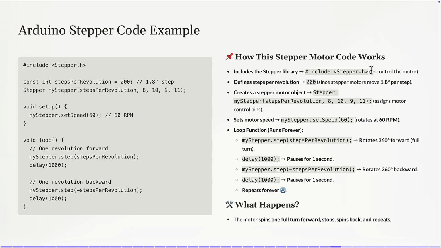We initialize the stepper object and set the speed to 60, which means 60 rotations per minute. You can assign different speeds depending on how you would like to control it. This is 1 revolution forward. You can provide the number of steps you want to rotate, and you can also rotate in the backward direction by putting a minus sign.